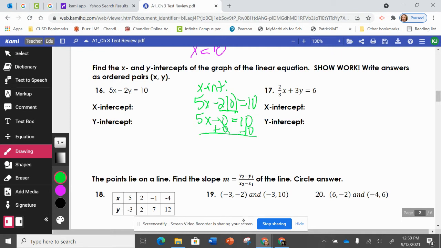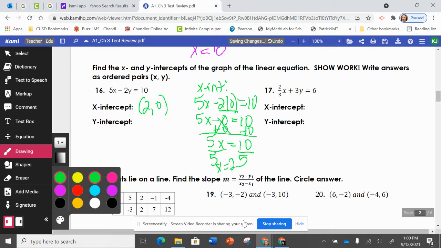We can add 0 to the other side, but remember 0 really is just nothing. It doesn't change anything, so you could also drop the 0. And the last step, the opposite of multiplying x by 5 is dividing x by 5. And so we get x is equal to 2. So (2, 0) is our x-intercept.